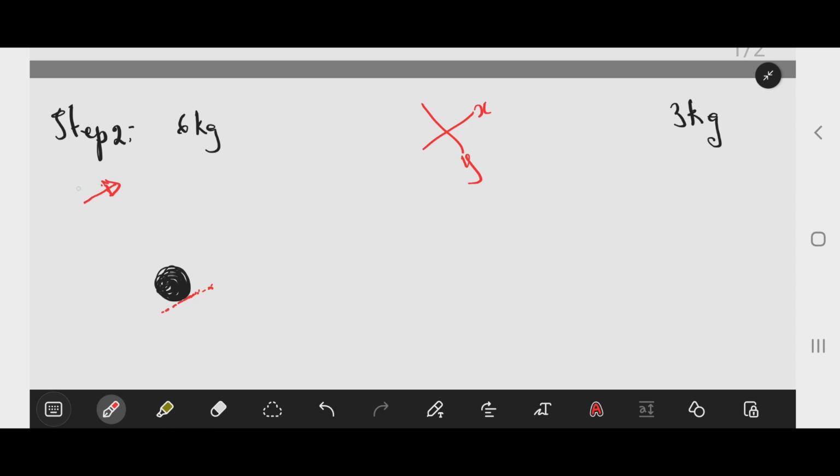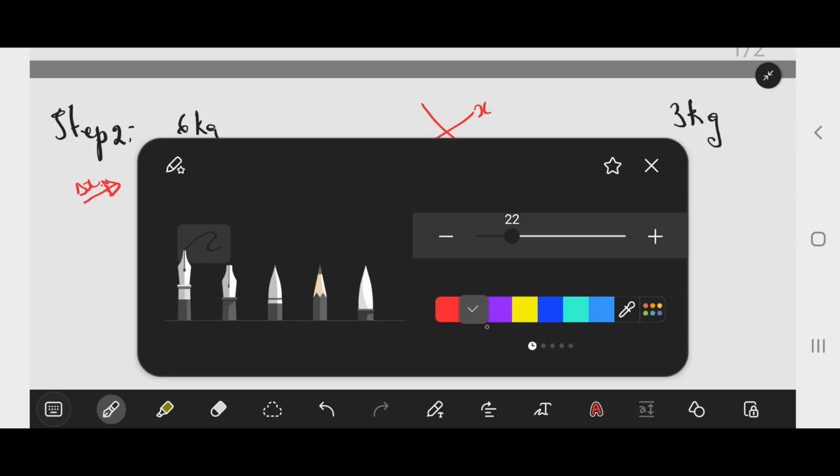So that is the direction. So why am I indicating that direction? We have to make sure that the friction is opposite to that direction. Okay, and why am I including the surface here? I have to make sure that my normal force is perpendicular to this surface. Okay, but you don't have to include it for the free body diagram.